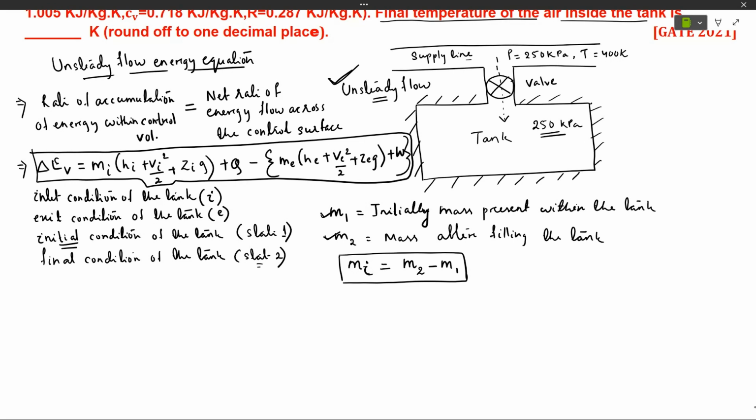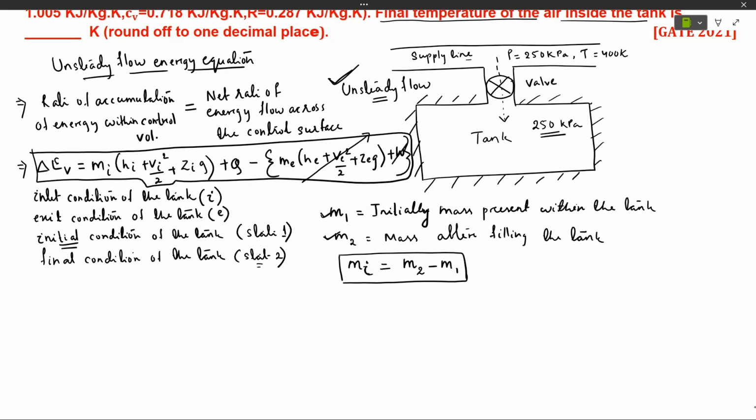But as we discussed earlier, there is no exit section mentioned in the given question, so we have to neglect the expression of the exit section, that is m_e (h_e + V²/2 + z_e g). And regarding the work done, there is nothing mentioned about work done on the system or by the system. That's why we also neglect this W term.